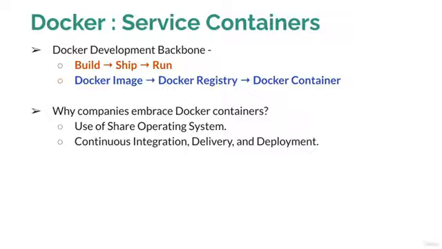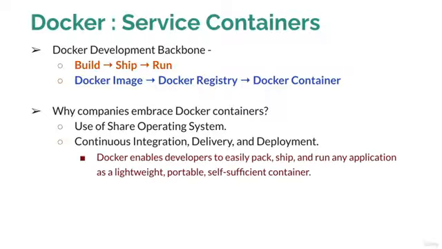So Docker containers make CI/CD, the DevOps part, very easy, because you are integrating continuously, delivering images continuously, and deploying the same way. In a nutshell, Docker enables developers to easily build, ship, and run any application as a lightweight, portable, self-sufficient container, which is an executable instance of an application.